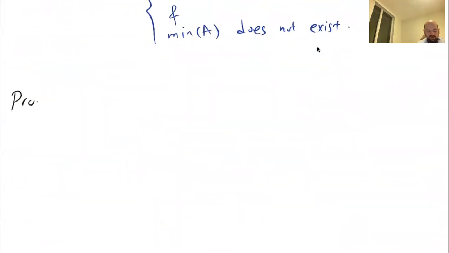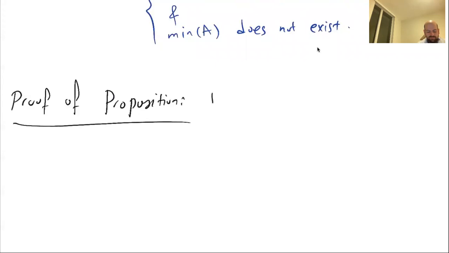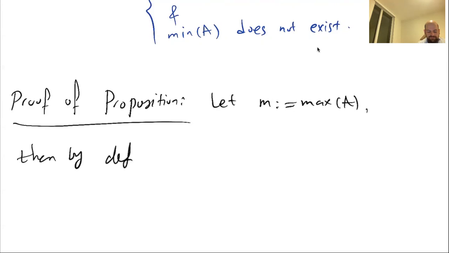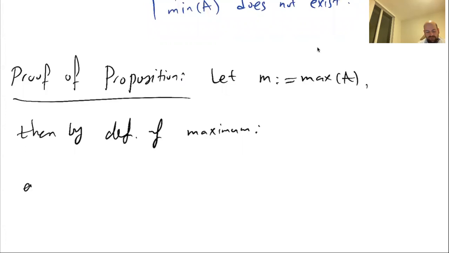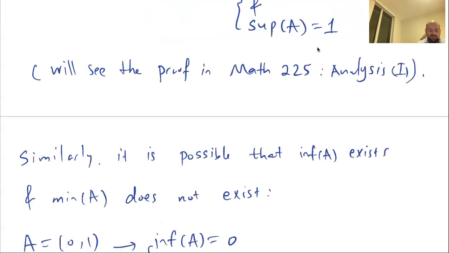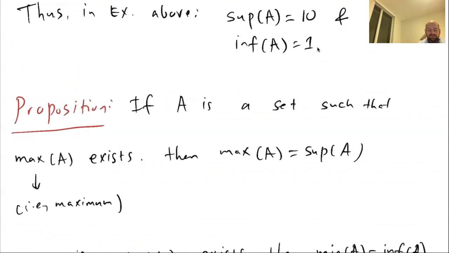So, proof of the proposition. Let's call maximum A as M. Then by definition of maximum, we can say that a is less than or equal to M for every a in A. Remember, when we are talking about a set A or a set S, we're talking about a poset here, right?